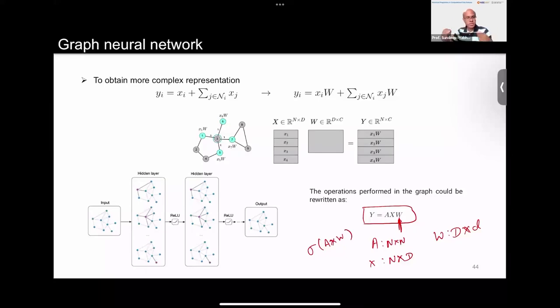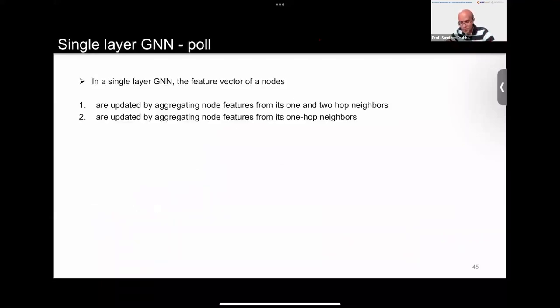Okay, so that is a graph neural network. You can have a bias as well. The only difference is that we are replacing the usual convolution operation with a graph convolution operation that takes the graph structure into account.